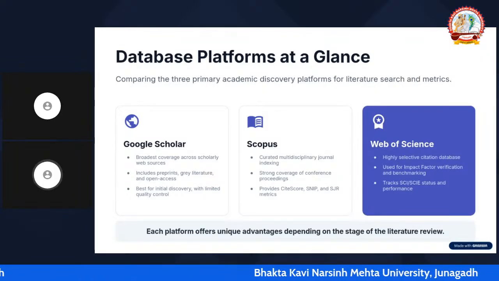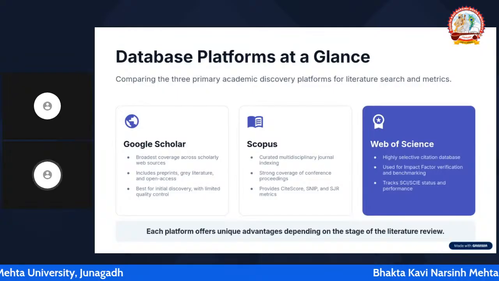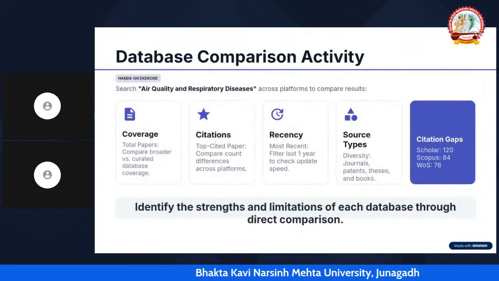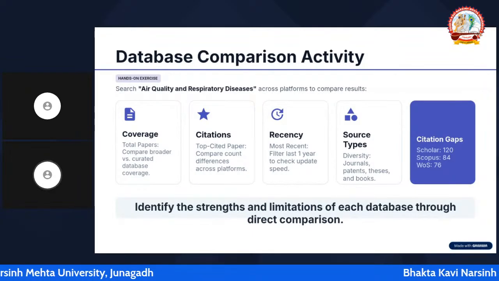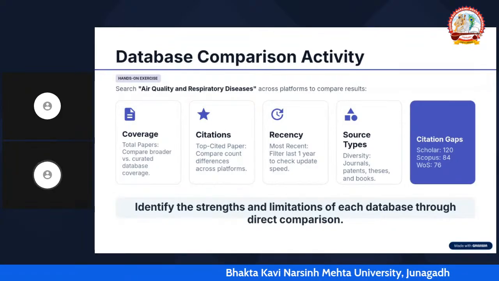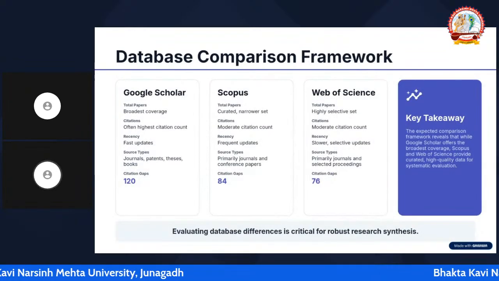If we know these three data sets, half of the task is almost reduced. We can compare the data sets by coverage, citations they have received, recency, and source types, what they have stored in their repository.